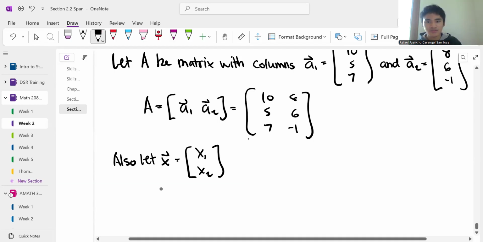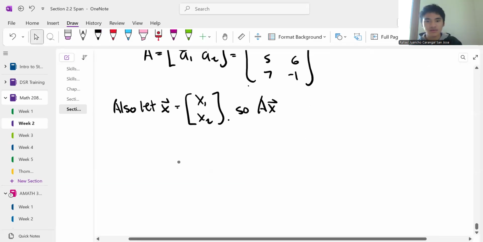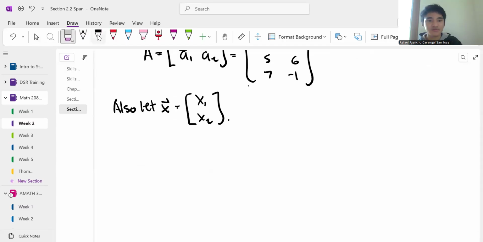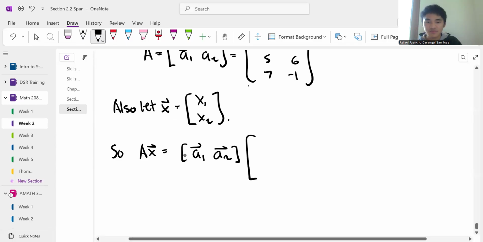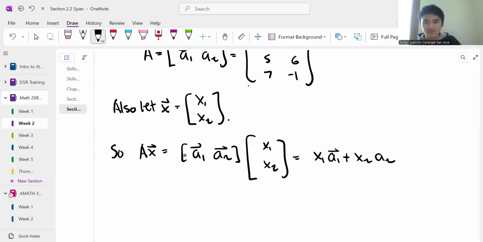So the product Ax is just this thing added or multiplied to this thing, which is just x sub 1 A sub 1 plus x sub 2 A sub 2. So again, we can see it's a linear combination, right?